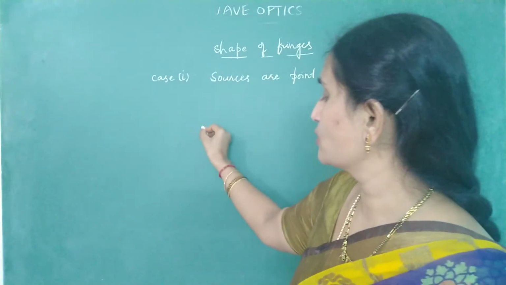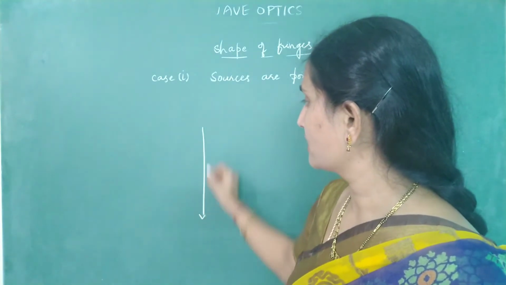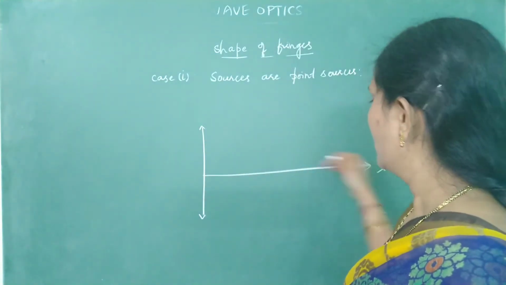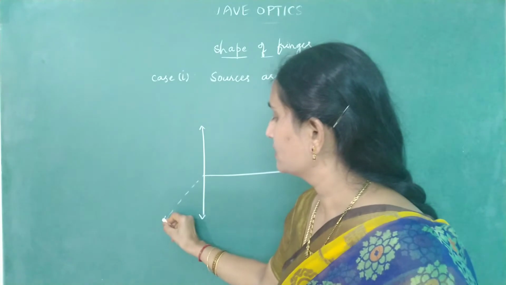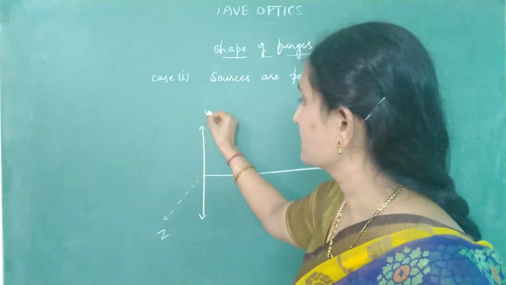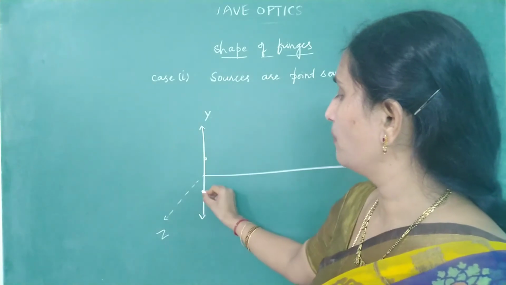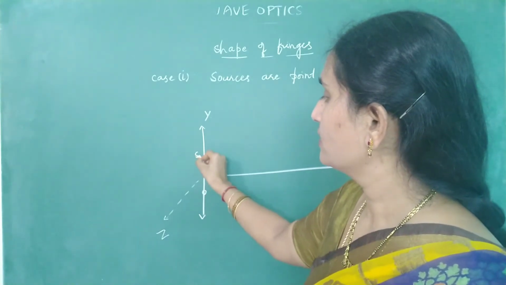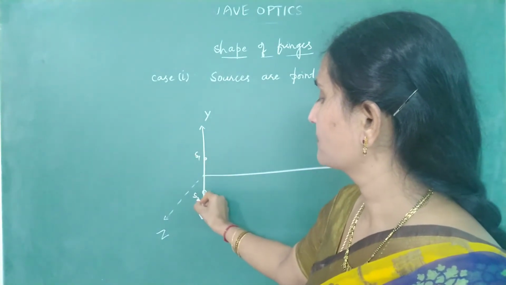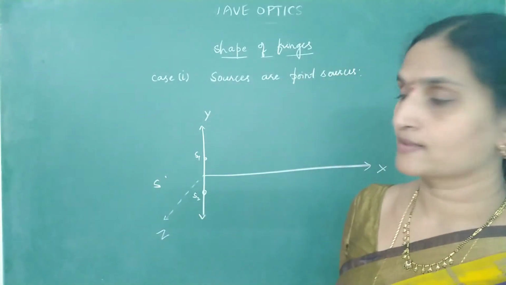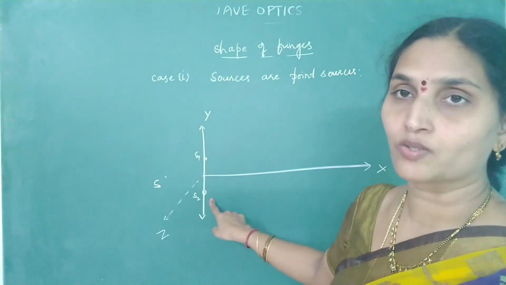For that, let us assume that this is your y-axis, x, and perpendicular to it we have your z-axis. Now I am going to keep two pinholes which are point sources of light, S1 and S2, emerging from a source S. So these are the 2 point sources.